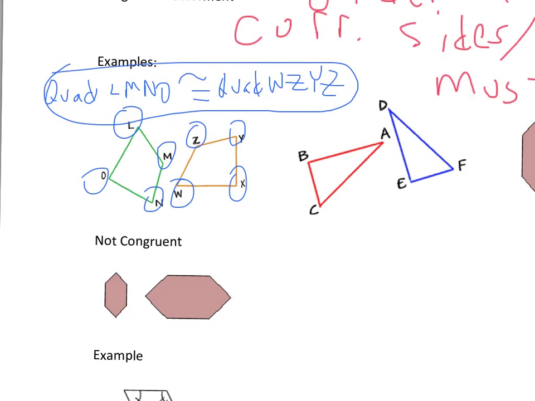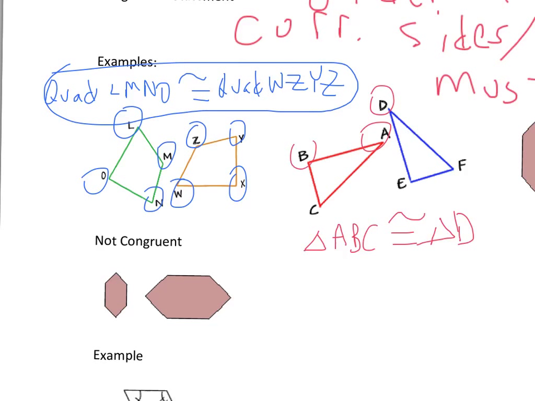Looking at these two triangles, the red triangle and the blue triangle, to state that they are congruent, or write a congruency statement, we're going to say triangle ABC is congruent to triangle. Now, A, as you can see, corresponds with D, so D has to go first.